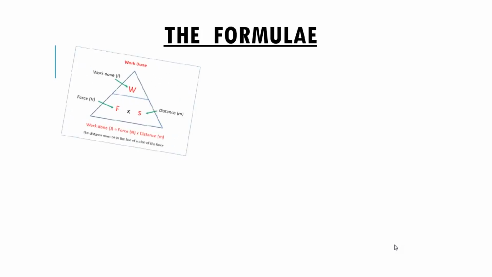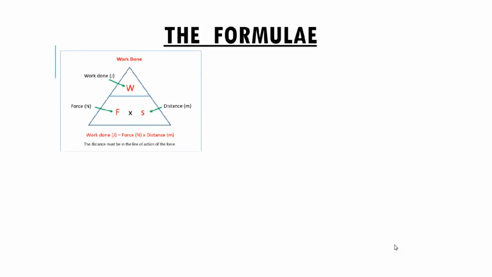But remember, we are doing engineering science. So in this chapter, we need the theory and we need to apply it practically. But before we get to the calculations, we need to master a few formulas that we are going to apply. We defined work done, and here is my formula.